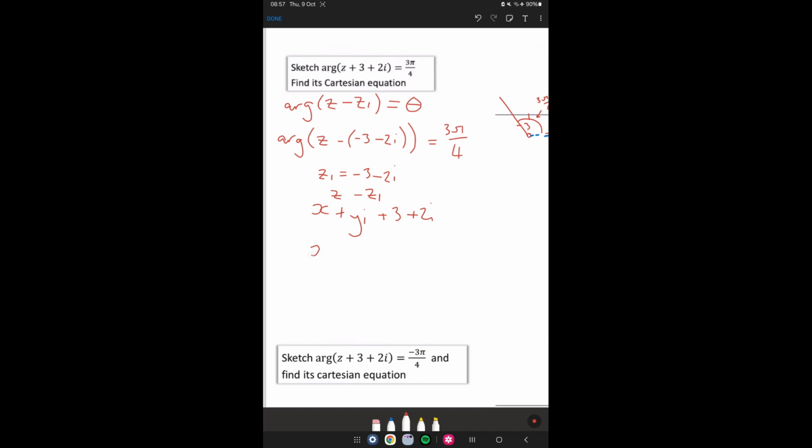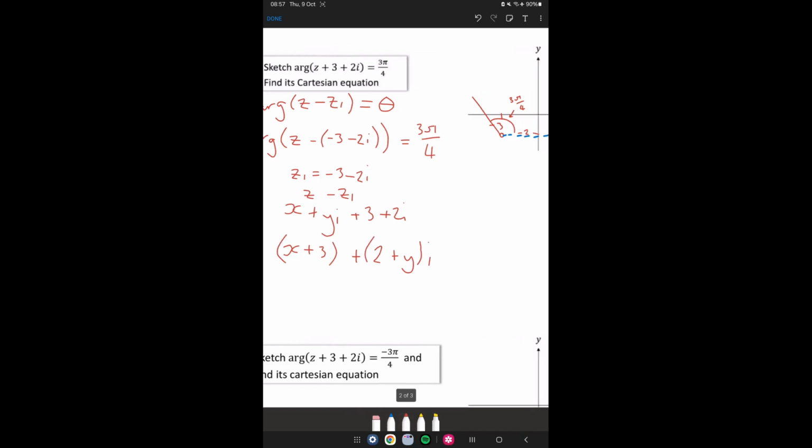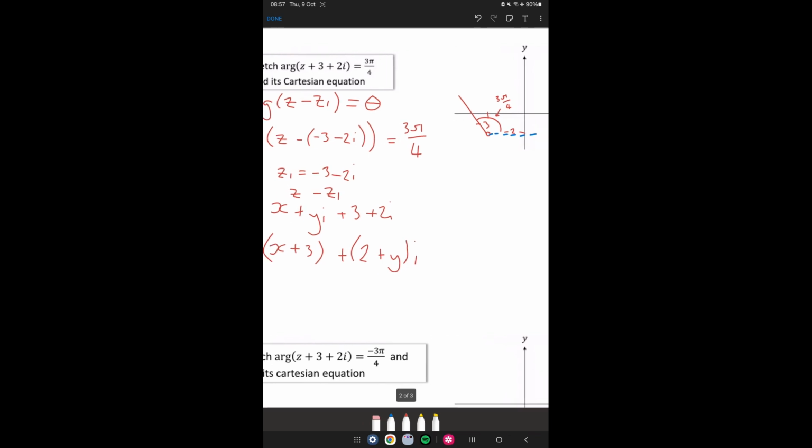So we end up with x plus 3 as the real part, and 2 plus y as the imaginary part.